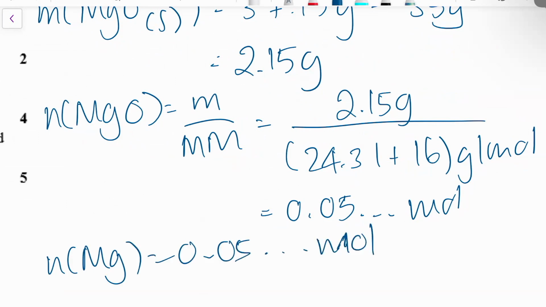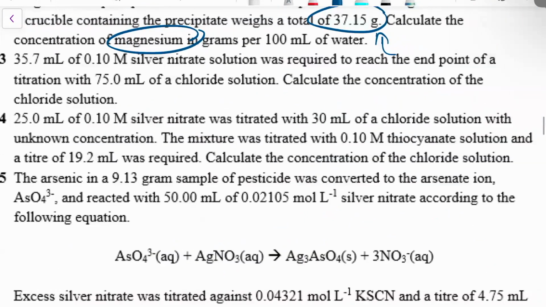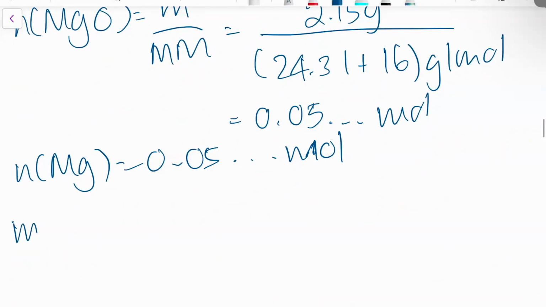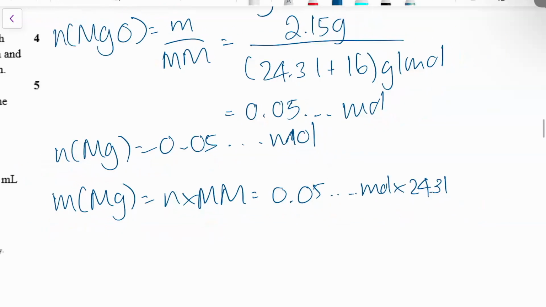So if it's 0.05 moles of magnesium oxide, the moles of magnesium must also be 0.05. And then they want the concentration in grams per 100 mL. So mass in grams is moles times molar mass, which is 0.05 dot dot dot mole times 24.31 grams per mole. That's 1.29 grams.